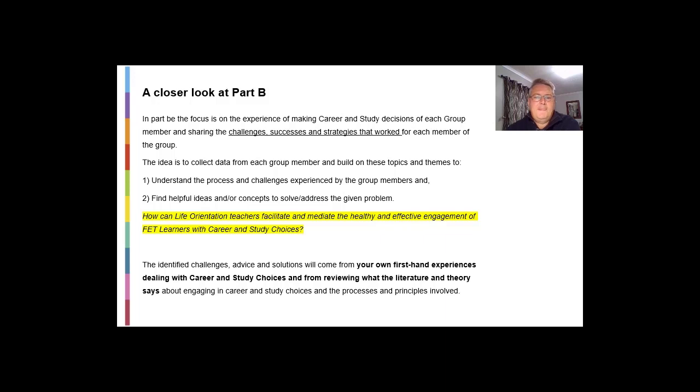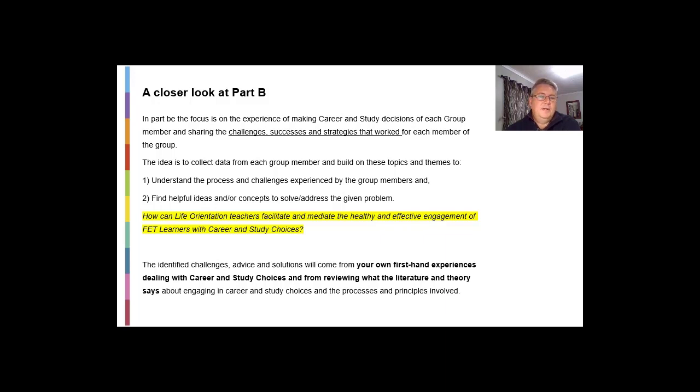Okay, so you are asking your group members about their experience and how they have solved their own career and study challenges. But in that process, you're also looking to answer the overall project question, which is how can life orientation teachers facilitate and mediate the healthy and effective engagement of FET learners with career and study choices?